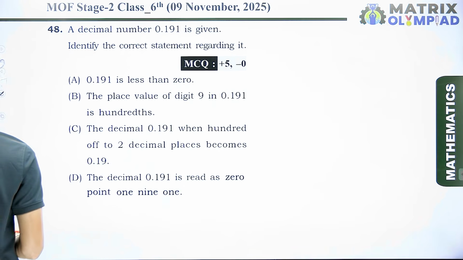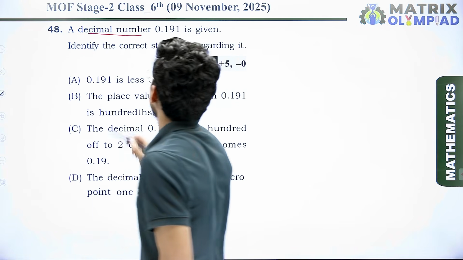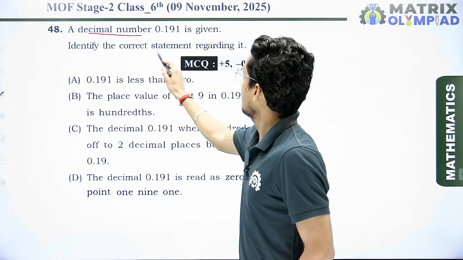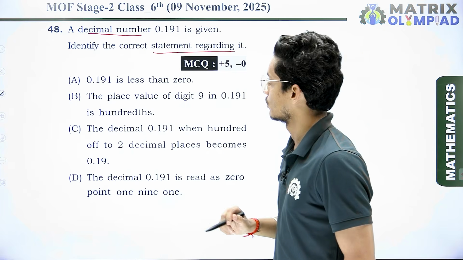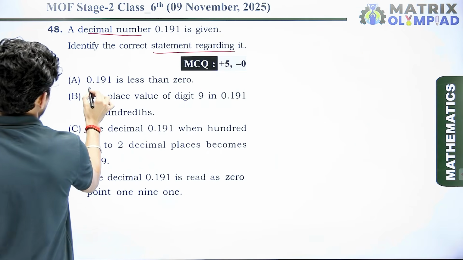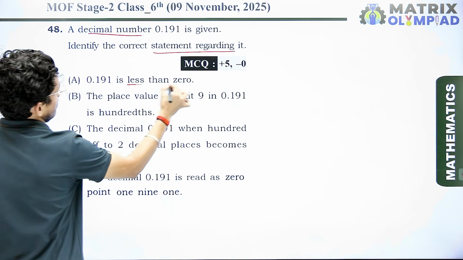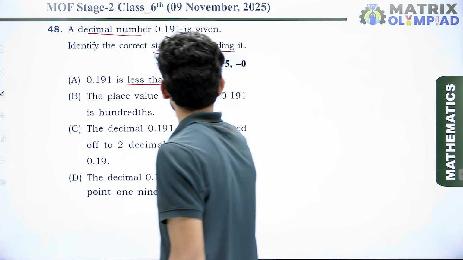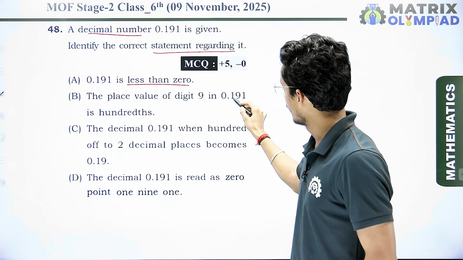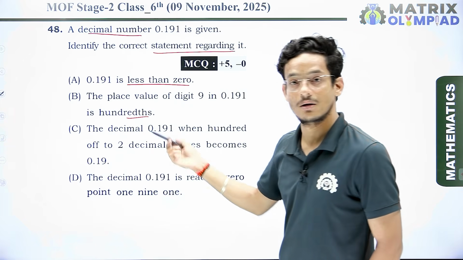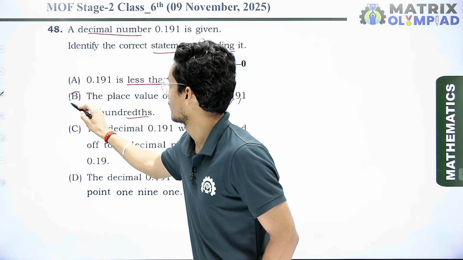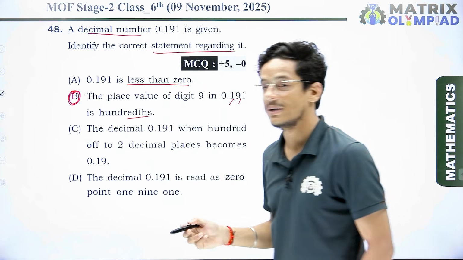Now the next question: a decimal number 0.191 is given. Identify the correct statement regarding it. The first statement says 0.191 is less than 0. No, this one is not possible. The second is the place value of the digit 9 in 0.191 is hundredth. Yes, this one is true: tenth, hundredth. So option number B is correct.